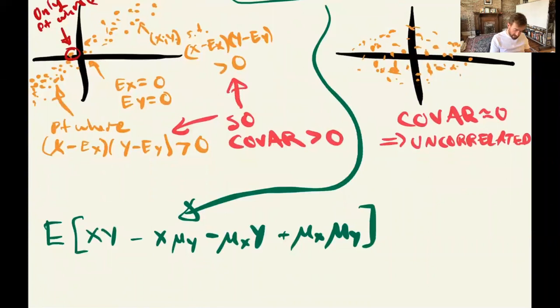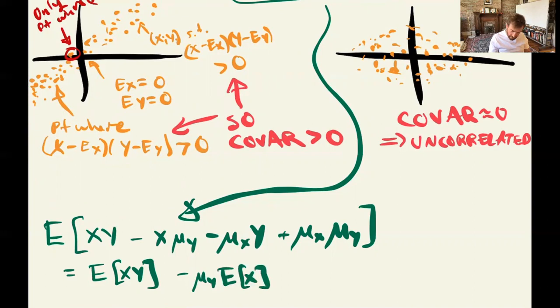Now, by linearity of expectation, this ends up equaling expectation of x times y minus, let me go a little bit slower here, minus mu y times the expectation of x minus mu x times the expectation of y.